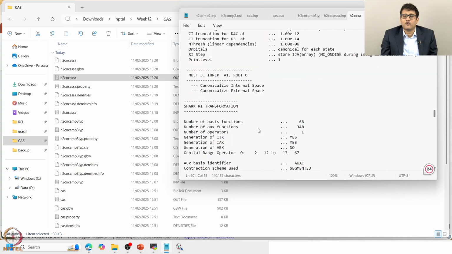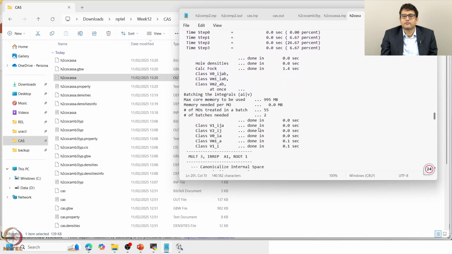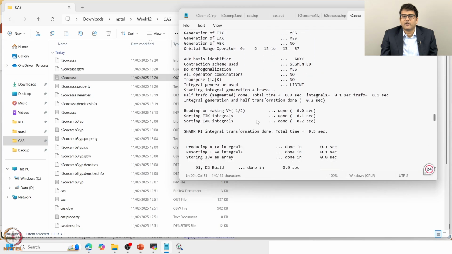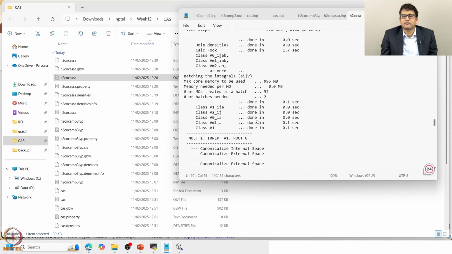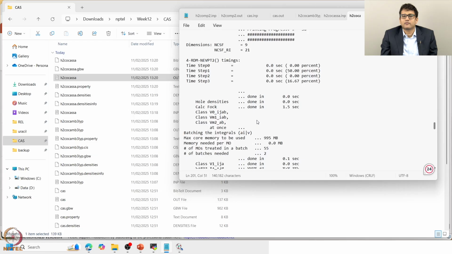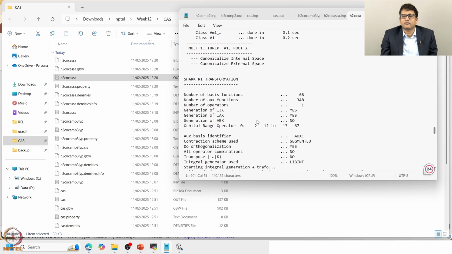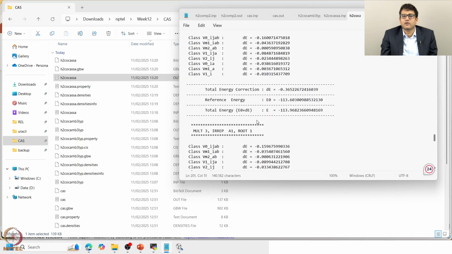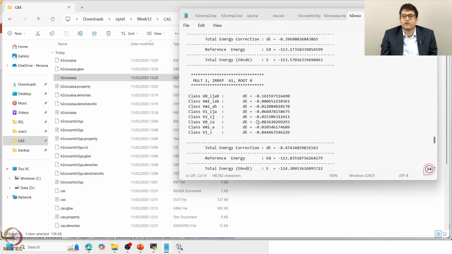It will first transform the integrals via RI, and then for each multiplicity it will start doing the calculation. This NEVPT2 calculation for each root will be done separately, root 1, root 2, root 3.